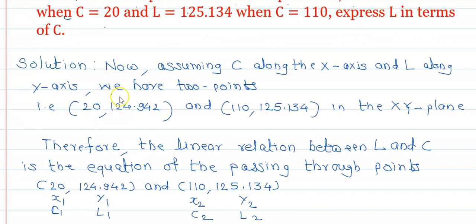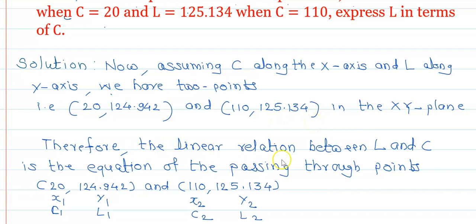Now assuming C along the x-axis and L along the y-axis, we have two points. What are the two points? 20 and 124.942, and another point is 110 and 125.134 in the xy plane.